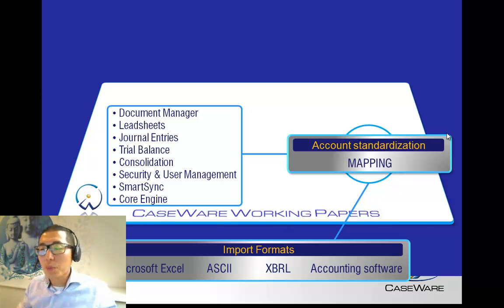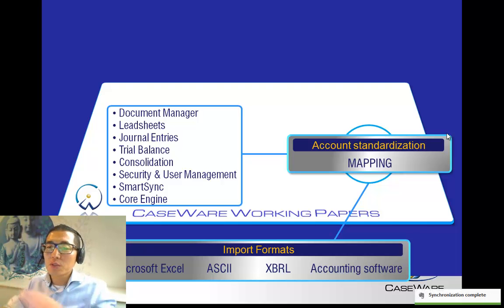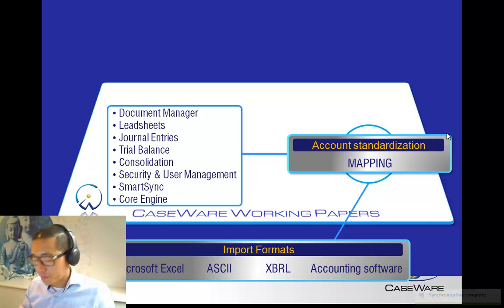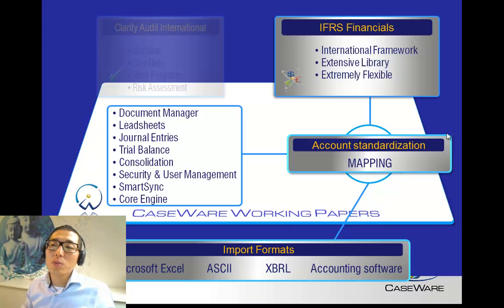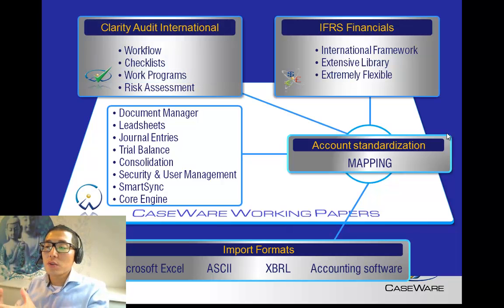Okay, so this is just Working Papers. If you start with only Working Papers, you already get a very complete feature set, and it's already very powerful. We can extend that, and then we can add 2 add-on modules. One is IFRS Financials, and the other one is Audit International. Especially IFRS Financials is an example of the financial statement production that we can do with Caseware Working Papers.